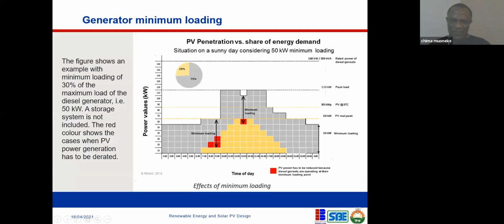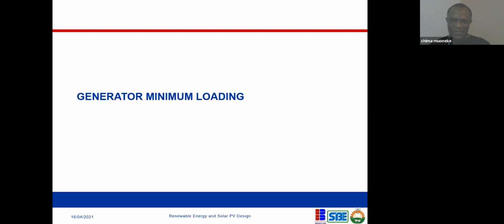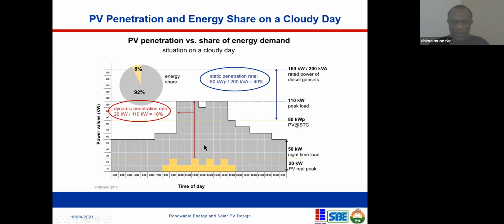Let me explain this base load here. I wanted to explain it before. If you look at this load profile, now your base load is this portion. 50 kilowatts downward is your base load.